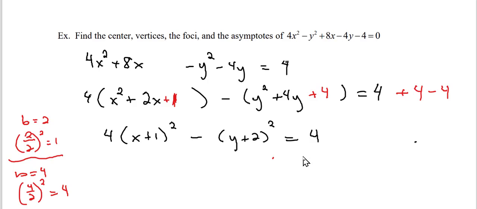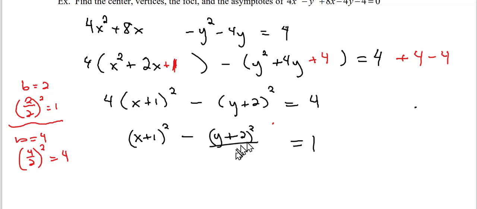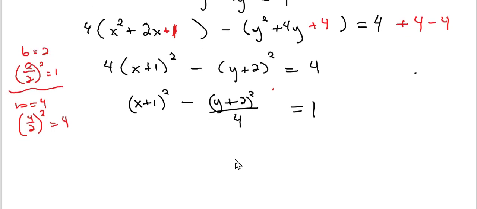That's good in that it gets me close to the standard form of a hyperbola. I know with that subtraction between them, I have a hyperbola, not an ellipse. I want a 1, though, on the right side. So I'm going to divide both sides of this by 4. I get x plus 1 squared minus y plus 2 quantity squared over 4 equaling 1.